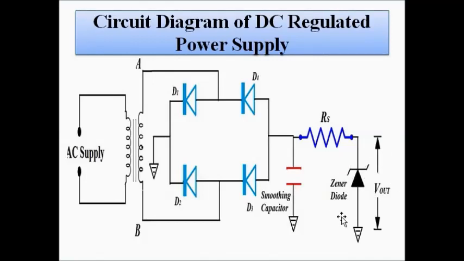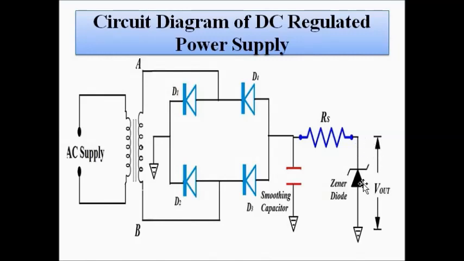Now this Zener diode is a normal PN junction diode which is connected in reverse bias mode. You can see that this P-type end is connected to ground, a lower potential, and the N-type end is connected to the output of the smoothing capacitor, which will be a higher, positive voltage, which means it is a reverse bias connection. From the PN junction diode voltage current characteristics, we have studied that in the reverse bias mode there will be a very negligible amount of current flowing due to the minority charge carriers.